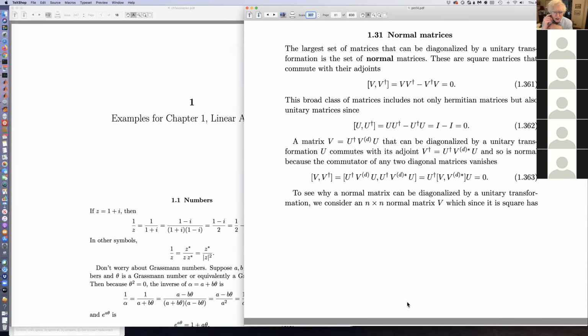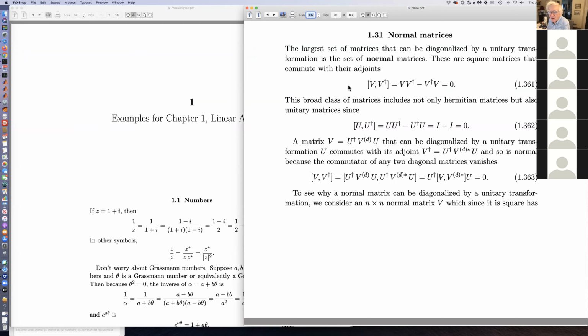Normal matrices. That's an apt adjective because they're the good ones. Normal matrices are matrices that commute with their adjoints. By the way, if you haven't had a good course in quantum mechanics, this expression, left bracket, something, comma, something else, right bracket, is called a commutator, and what is meant is the product of these things minus the product in the opposite order.